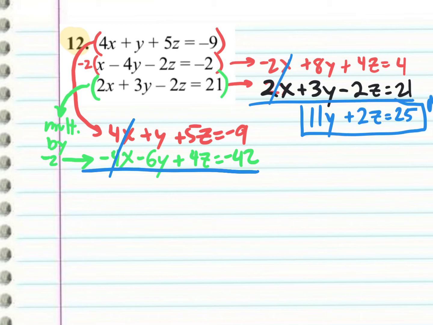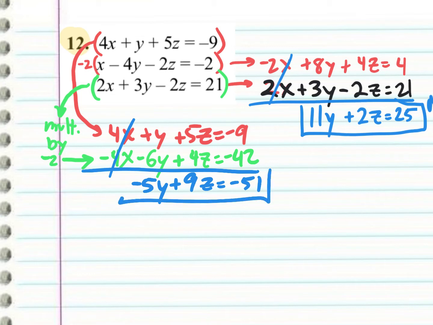So what do I have for my new equation number 2? I have positive 1 take away 6, that's a negative 5y. I have 5 plus 4, which is 9, talking about z's, and it is positive. And negative 42 plus negative 9, that's negative 51. And this is new equation number 2.